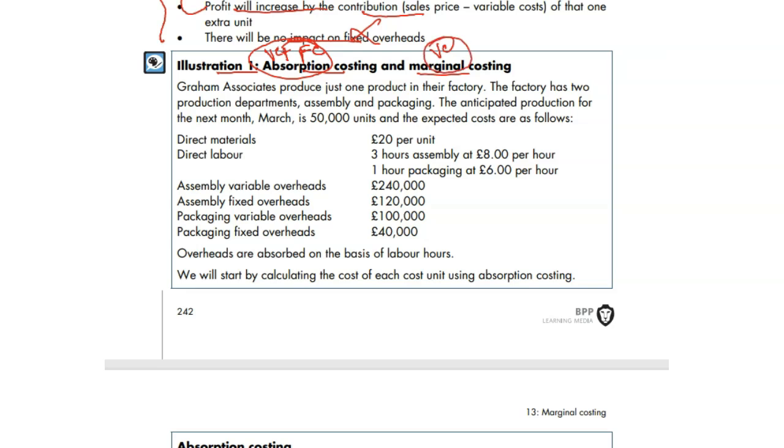Let's read this illustration. Graham Associates produces just 1 product in the factory. The factory has 2 production departments, assembly and packaging. The anticipated production for the next month, March, is 50,000 units, and the expected costs are as follows.